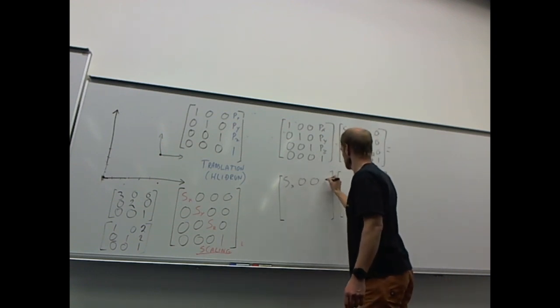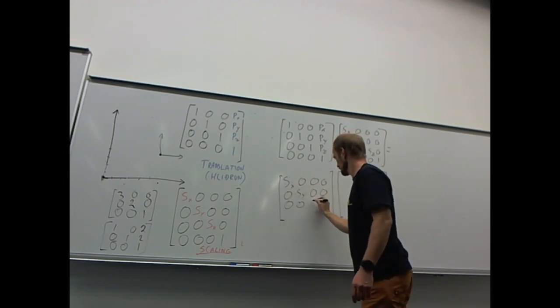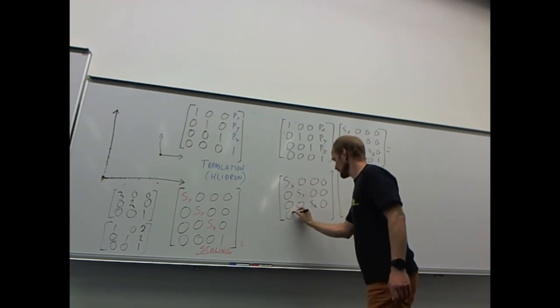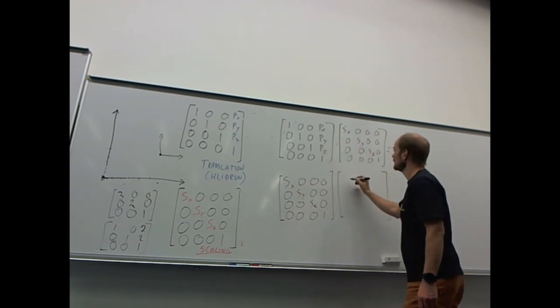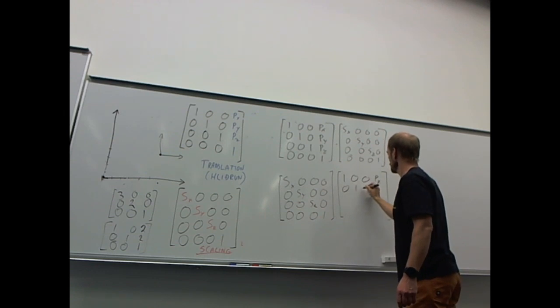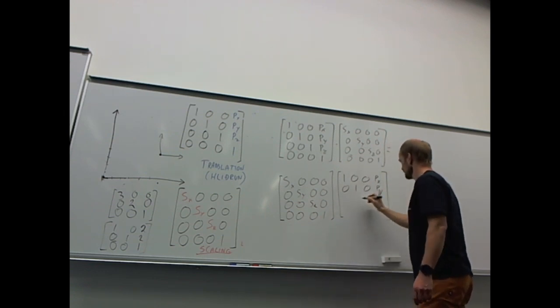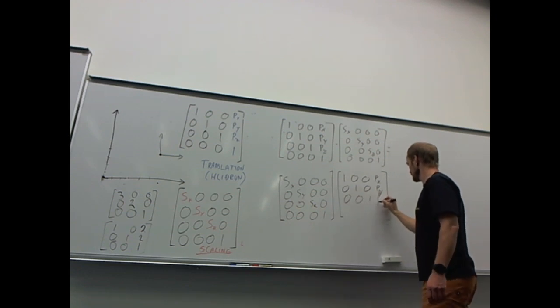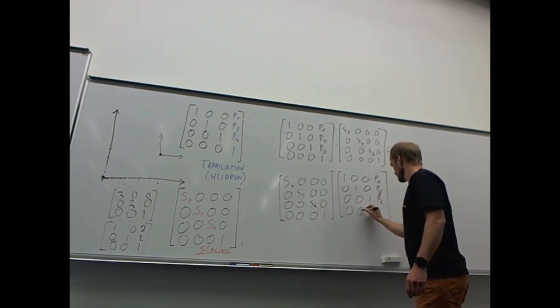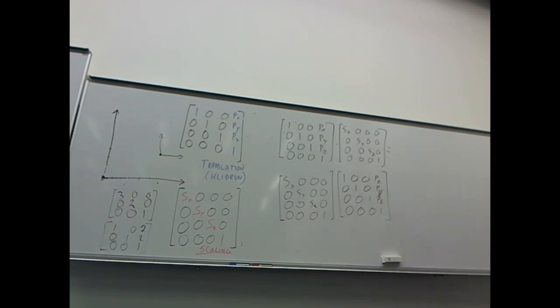Sx, 0, 0, 0, 0, sy, 0, 0, 0, 0, sz, 0, 0, 0, 0, 1. And here 1, 0, 0, dx, 0, 1, 0, dy, 0, 0, 1, dz. Okay, so what's going to be the difference between these results?